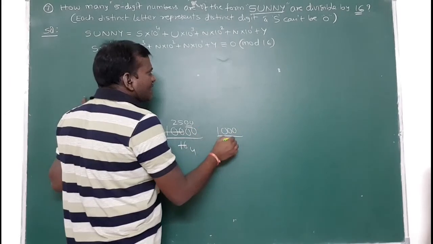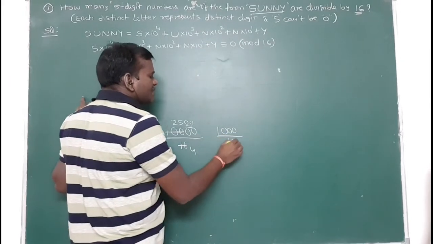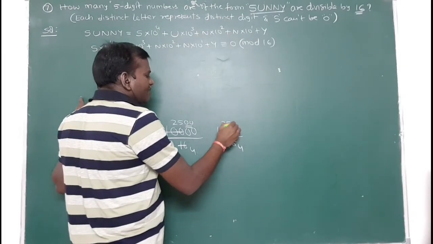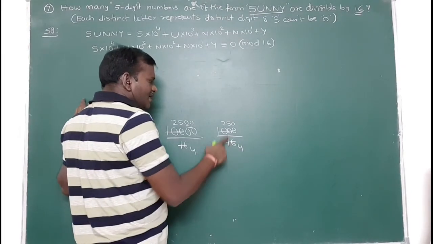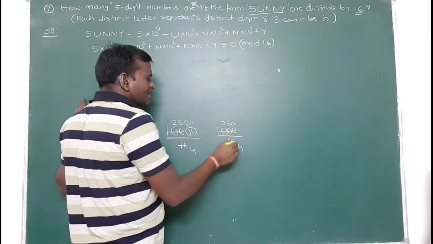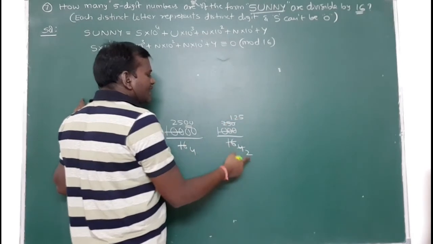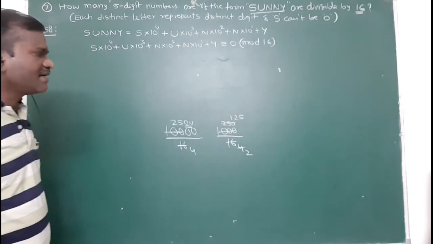Then 10 cube, 1000, when divided by 16: how many times will it go? 4 fours are 16 and 250 times, then again 2 twos and 125 times only, so it cannot divide exactly.